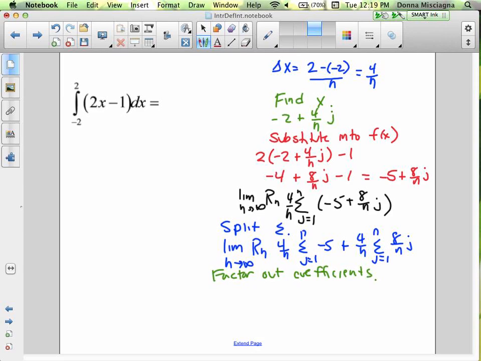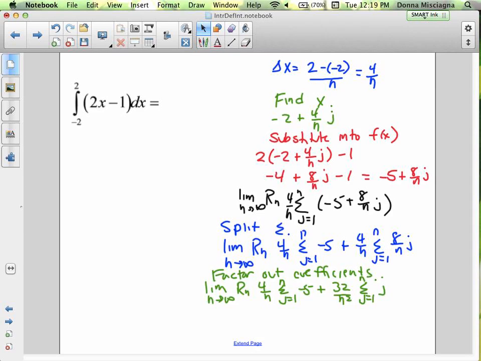So that would be the limit as n goes to infinity, R subscript n. Nothing to factor out for the first one, 4 over n sigma j equals 1 to n, negative 5, plus we can factor out the 8 over n, so that would be 32 over n squared sigma j equals 1 to n, and then just the j.